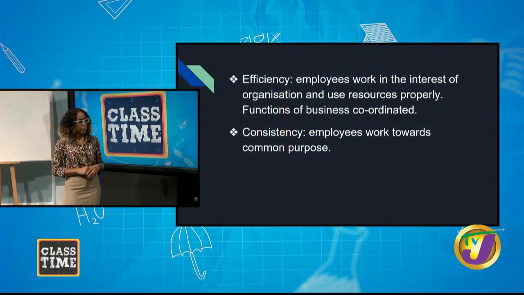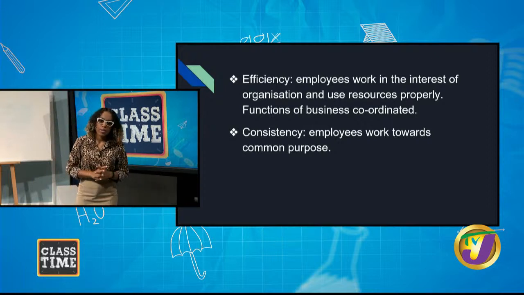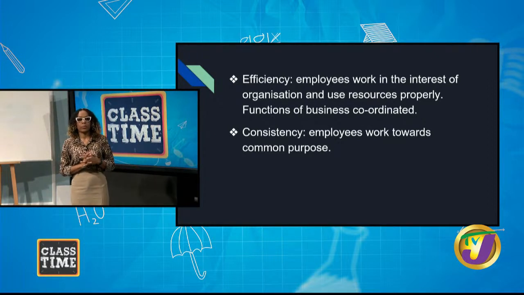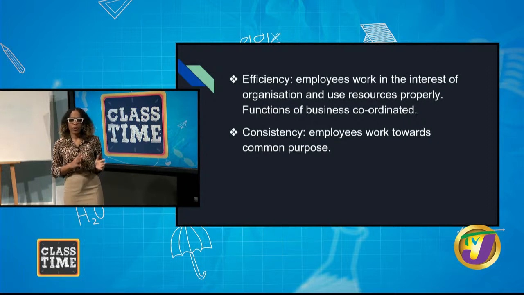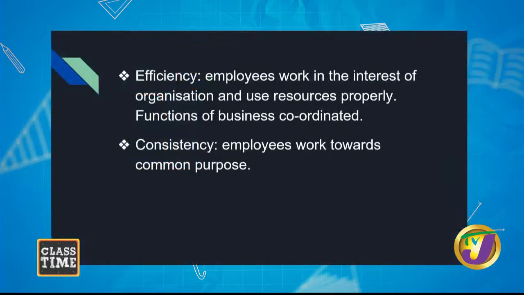All right. Consistency is the other one. Employees work towards a common purpose. This one here is a very important one as well, because we're working with people. Remember, we're not doing this alone. We're in this together. Therefore, you want to know that you and your colleague are on the same page.